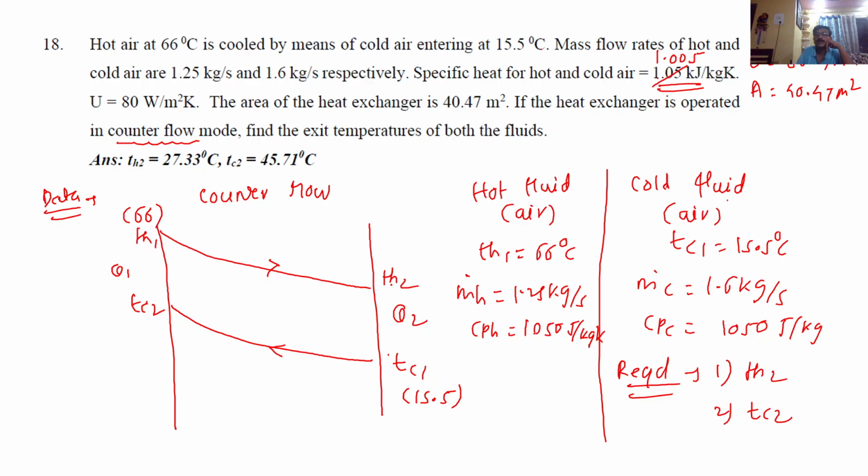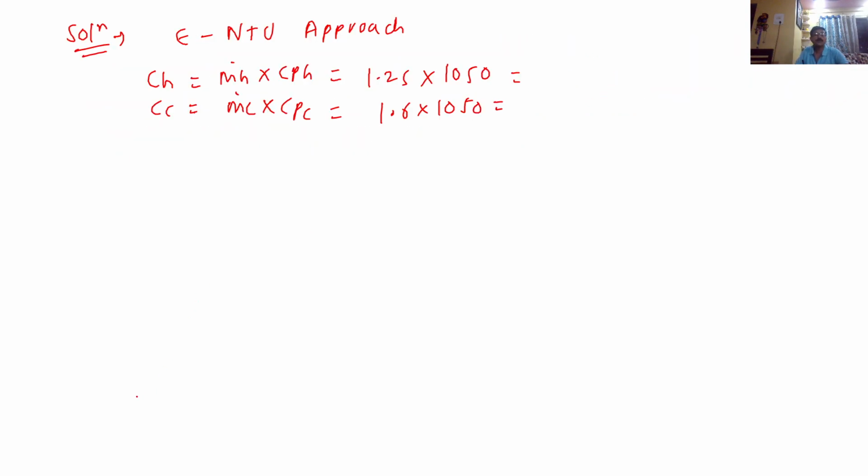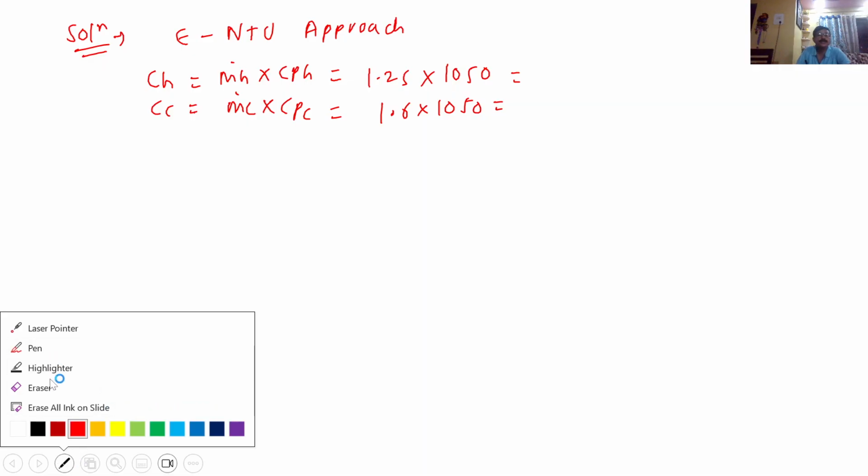So naturally I need to do it as 1005 joule per kg Kelvin, multiplied by 1000. So please correct it. It is 1.005. So multiplied by 10 raised to 3 means it becomes 1005. Okay. So accordingly, I will do the changes here.